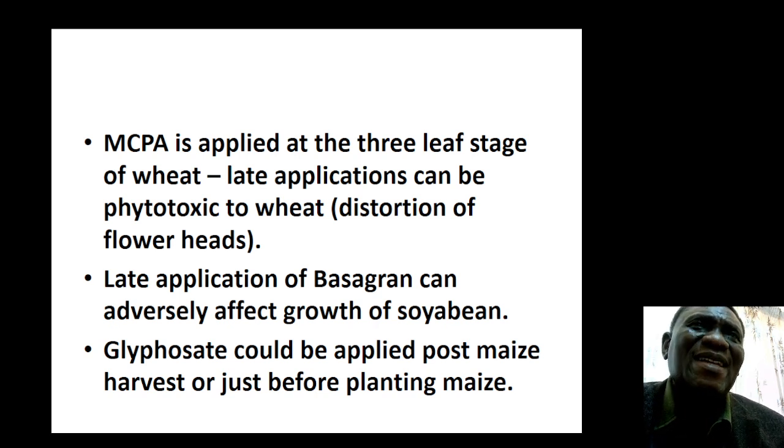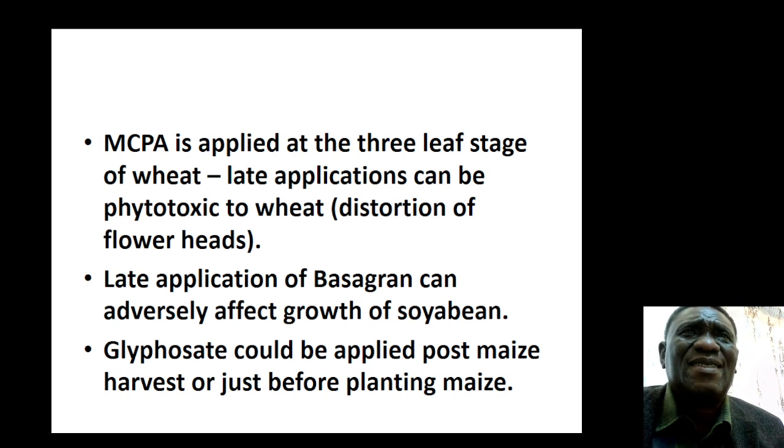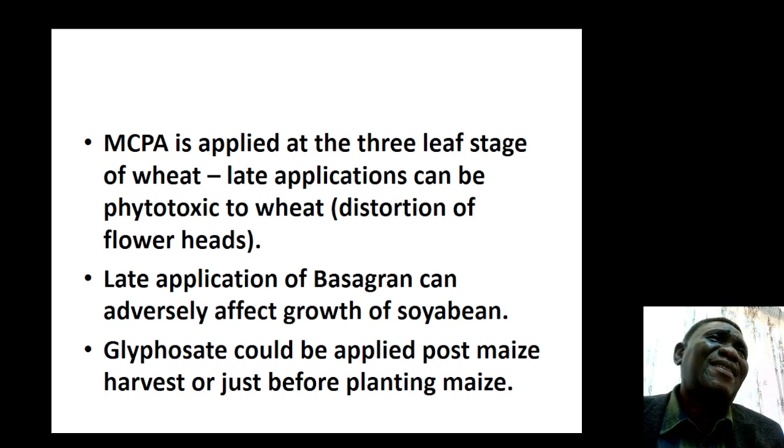Basagran should be applied at the 3-trifoliate stage in soybeans. Now, sometimes we can use glyphosate in a maize crop, but we should use it before planting the maize or after planting the maize.